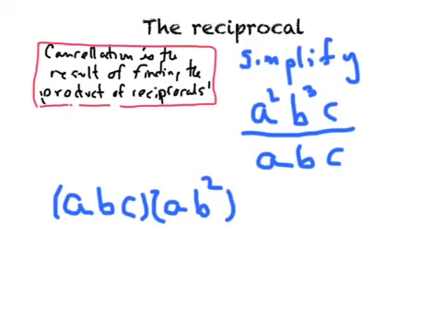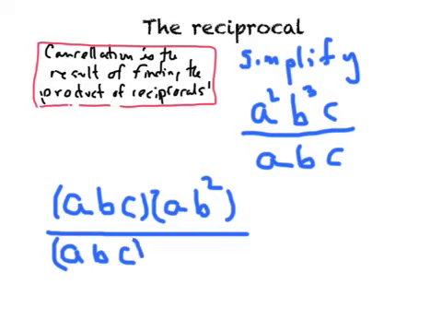There's only one c. And when we divide this by abc, we notice that in the numerator we have a product of abc, and in the denominator we have a product of abc.